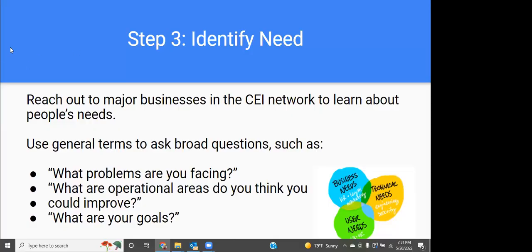When you're done with step 2, and it may take you a while, you then need to reach out and communicate with other people, rather than pushing yourself to articulate things in a big list. Once you've got your list of metaphorical features and benefits, you need to contact us at the Center for Entrepreneurship and Innovation, CEI, right here.